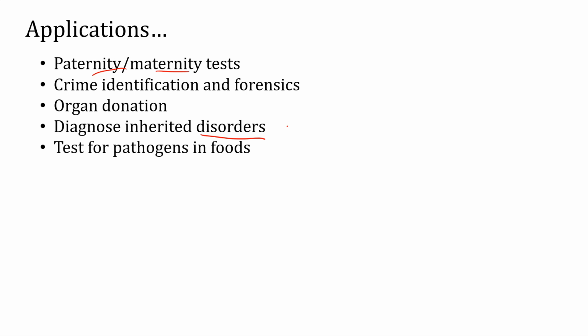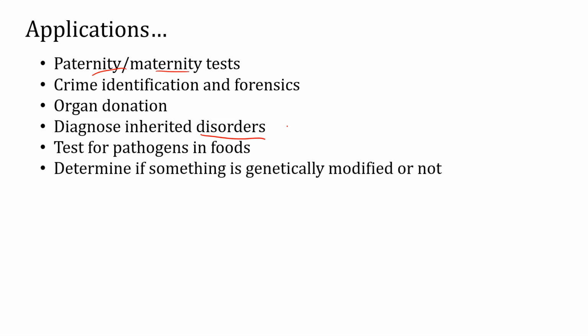So you can take food and grab the DNA and amplify it and see if it matches some sort of pathogen that has a known banding pattern for some particular protocol that was used to digest the DNA and sort it out. Okay, you can determine if something is genetically modified or not. And then also comparative biology, basically seeing how similar the genomes are between different animals that maybe live now or didn't live now or are extinct or whatnot.